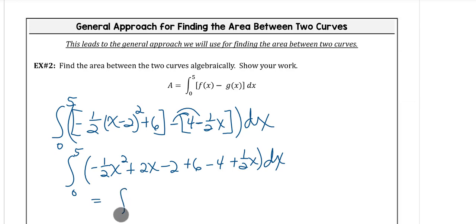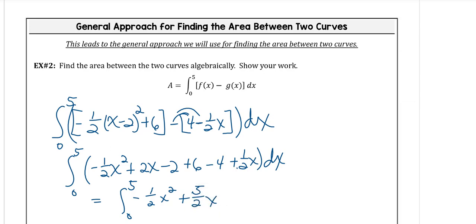And now simplifying 0 to 5, I just have that one negative 1/2 x squared. And then I have a 2x and a 1/2 x, so I have 4 halves plus 1/2, so that's 5 halves x.